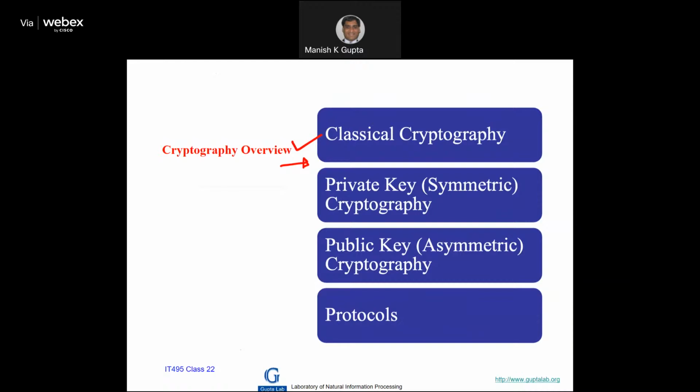Now in terms of DNA cryptography, some work has been done in the area of classical cryptography, some on private key cryptography, and some on public key cryptography. And apart from that, there are many new ways of looking at information security in a totally different way because biology is involved, right? So this is something very, very important.